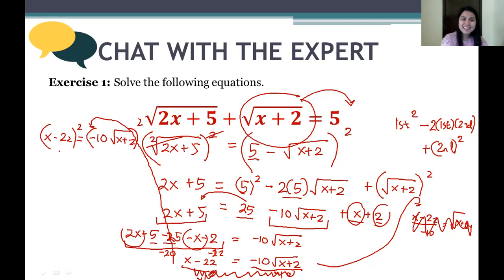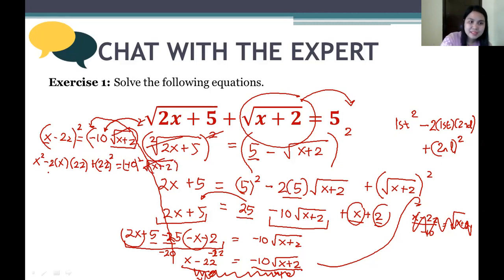Next, square the first, x squared minus twice the first and the last, plus square the last. In the other side, we need to square the negative 10. So negative 10 squared. This one you copy. No more radical sign. It will be canceled.